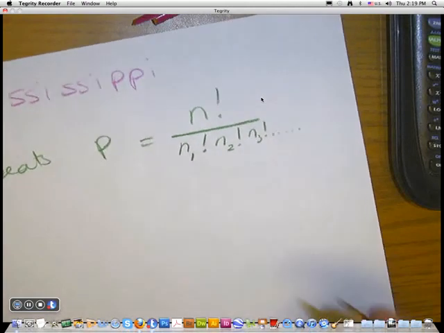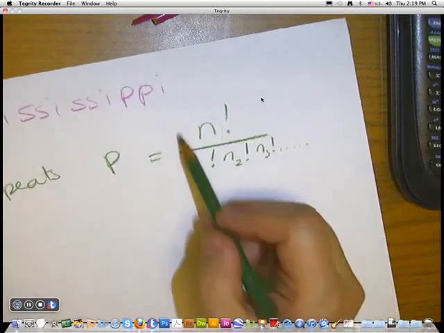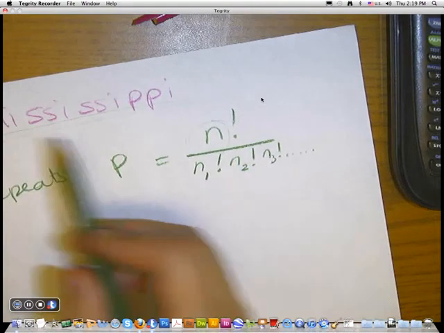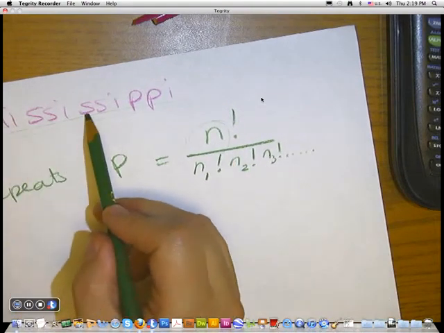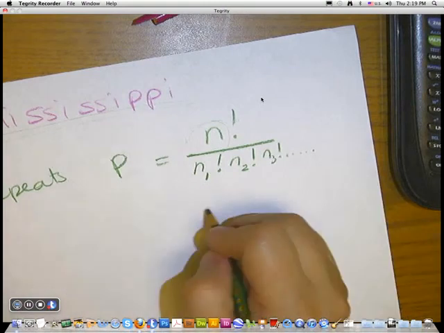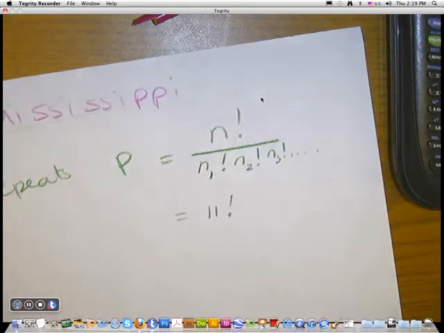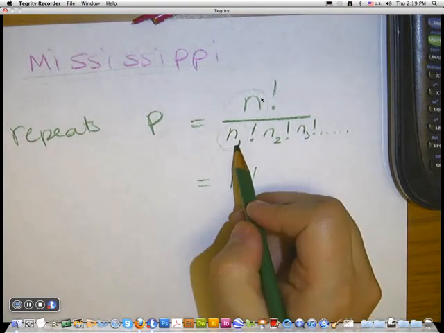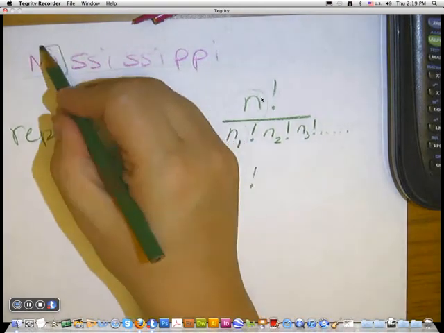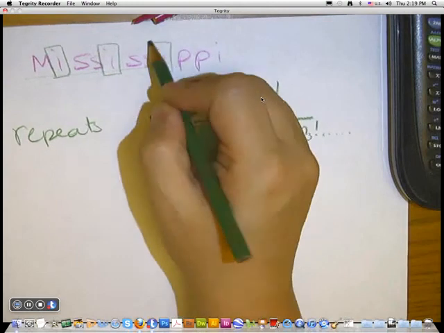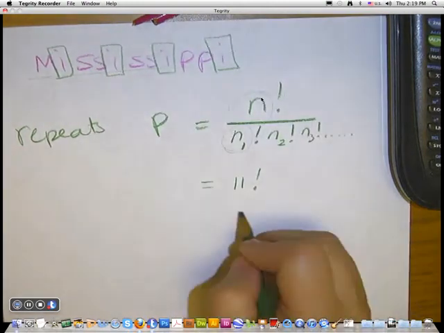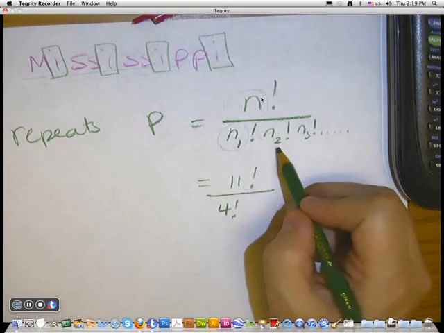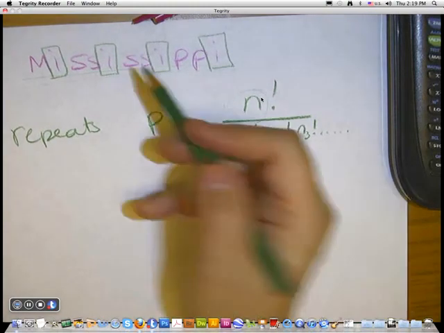So what does that look like? Well, up here, how many letters of Mississippi are there? That's what n stands for. Well, 1, 2, 3, 4, 5, 6, 7, 8, 9, 10, 11. Okay. What is the first item that's repeated? Well, the I's are. There's 1, 2, 3, 4. So I'd put that over 4 factorial. Then I look, is there a second item repeated?